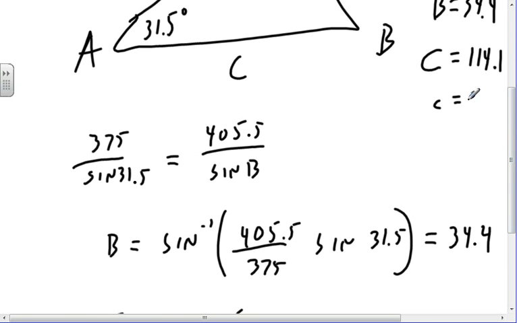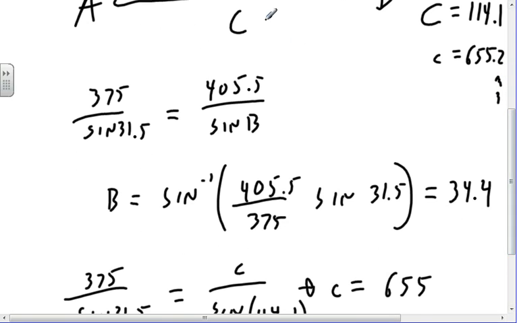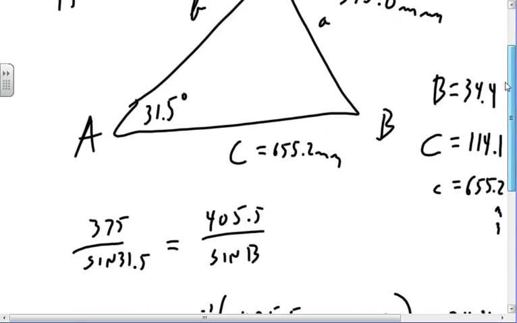So little c is 655 point something, right? Yeah, we need another significant digit. 655.2 millimeters. We idiot check the answer.